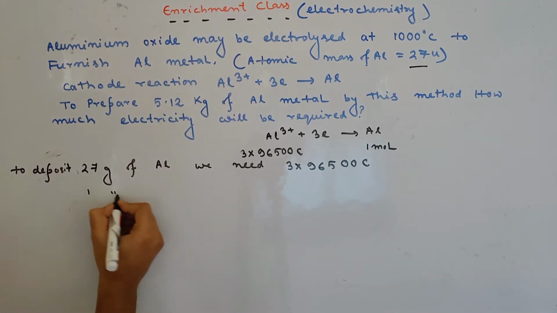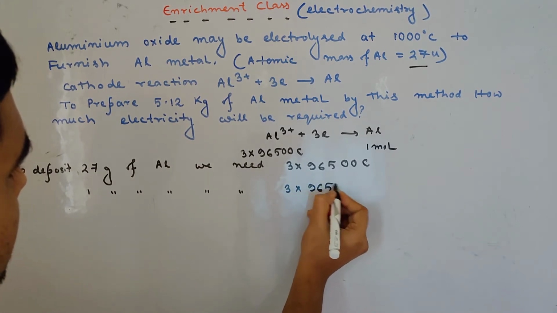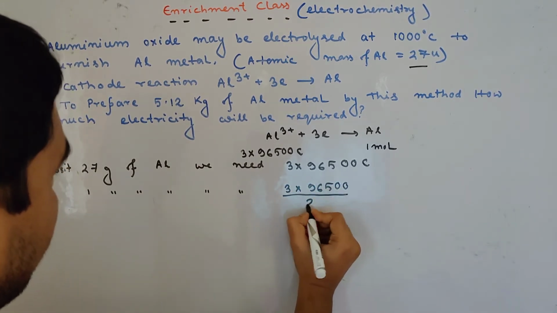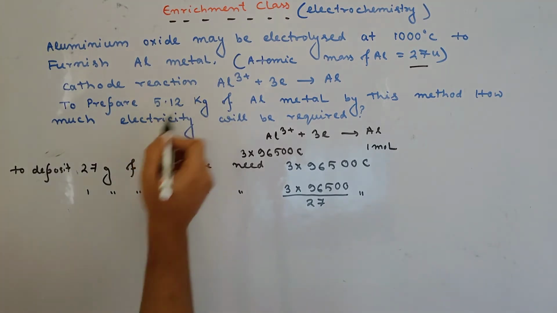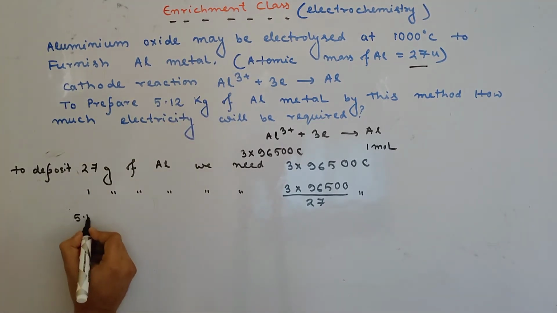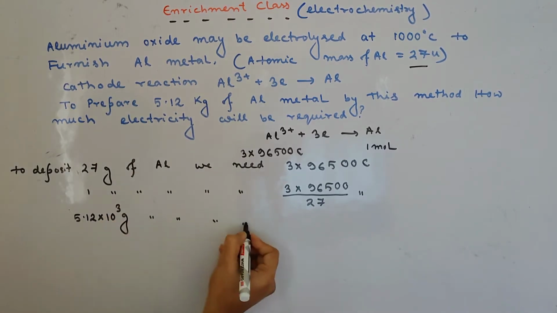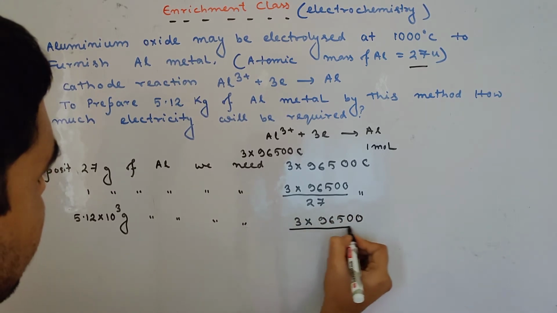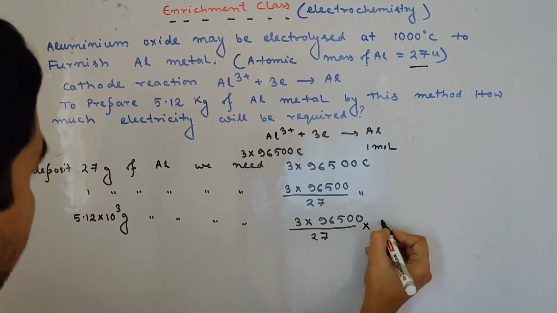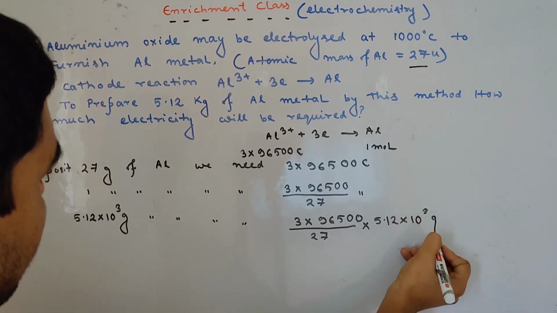To deposit 1 gram of aluminium, we need 3 into 96,500 divided by 27 coulomb. And in order to get 5.12 kg, that is 5.12 into 10 to the power 3 gram of aluminium, we need 3 into 96,500 divided by 27 into 5.12 into 10 to the power 3 gram.